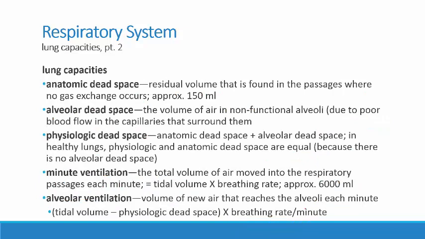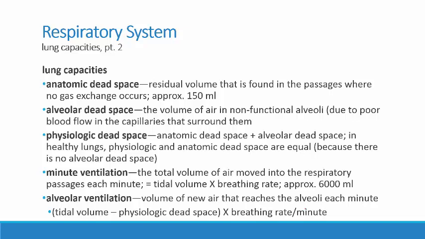Okay, so go a little bit deeper. There are also some dead spaces, some bits of air that never get breathed out. So the first of the dead spaces is what's referred to as the anatomic dead space. So it is the residual volume found in the passages where no gas exchange is occurring.